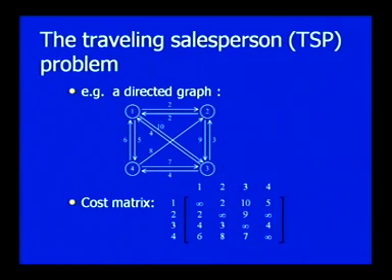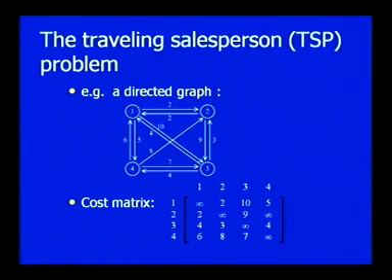Similarly, you can also see the traveling salesperson problem. Again, a multi-stage graph is used to solve this problem by converting it into a multi-stage graph problem. The traveling salesperson problem is one of the most important problems in computer science.